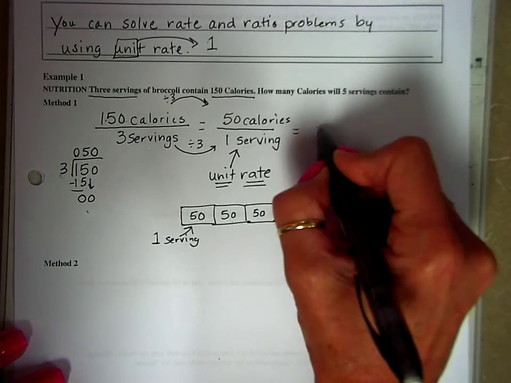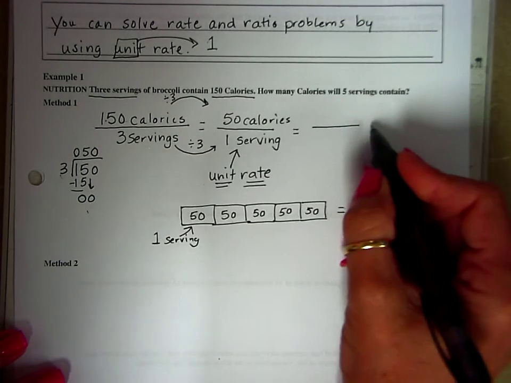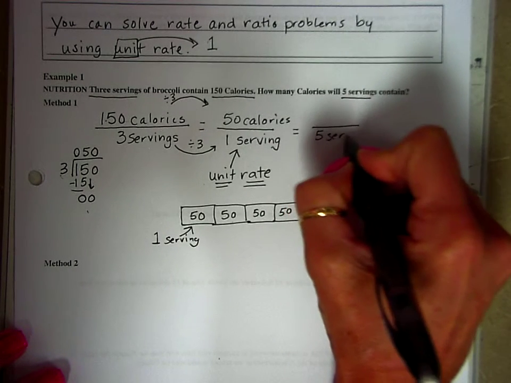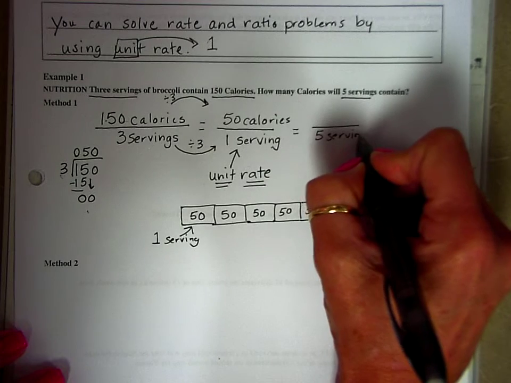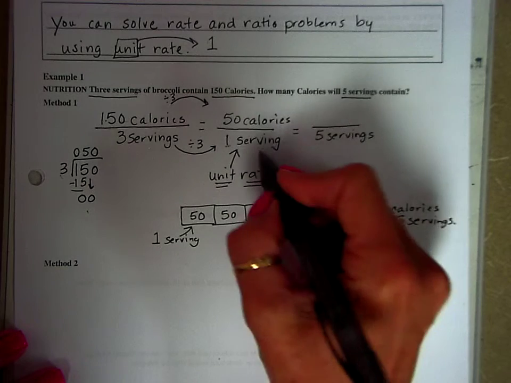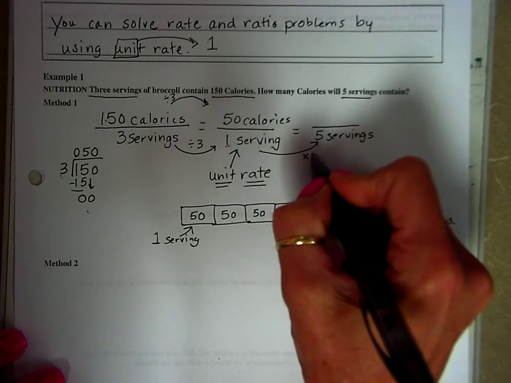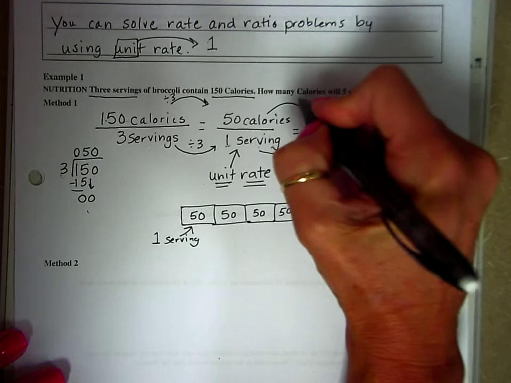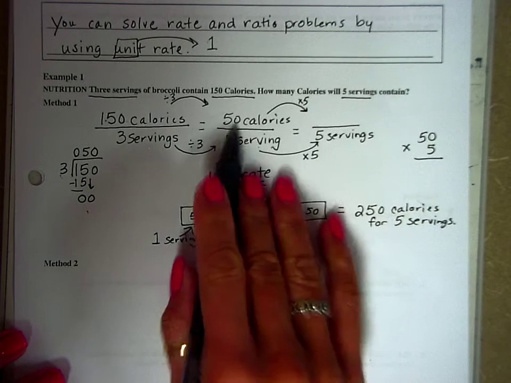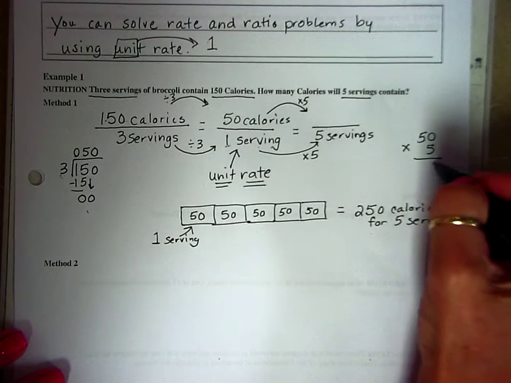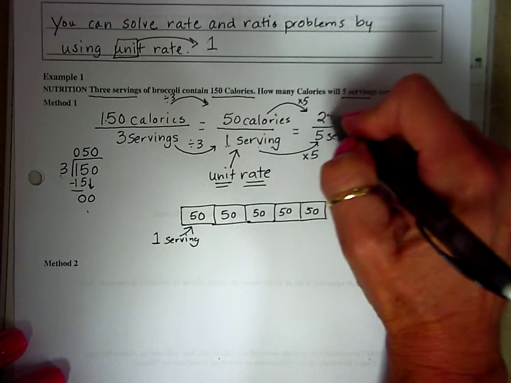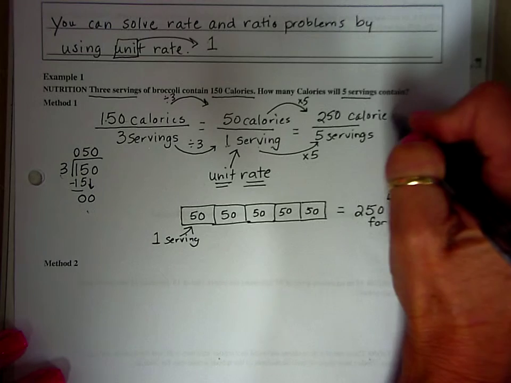Now, mathematically, if we continued this direction and we went all the way to 5 servings from here, you can see that what did I do to 1 here? To get here, I multiplied by 5. So I would do the same thing up here. So 50 times 5, right here, 50 times 5 is 250 calories.